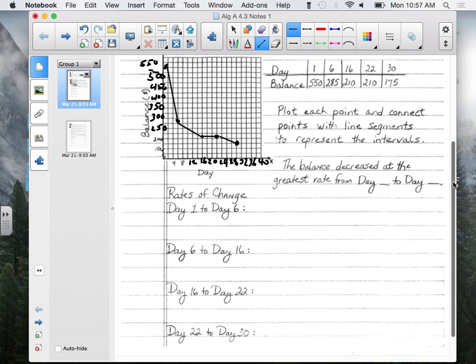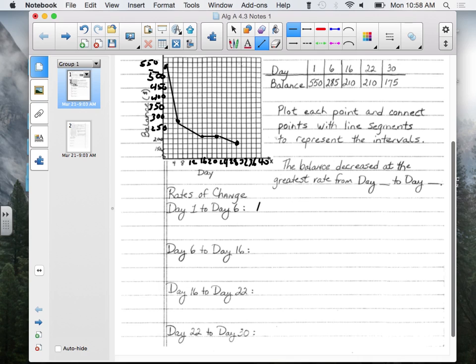So, we want to find the difference between our 2 y values, and what's our y value for this problem? That would be 550 and 285. Exactly. So, to do that, we find the difference.